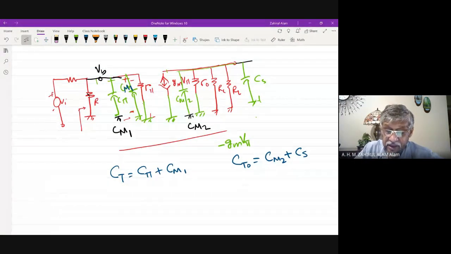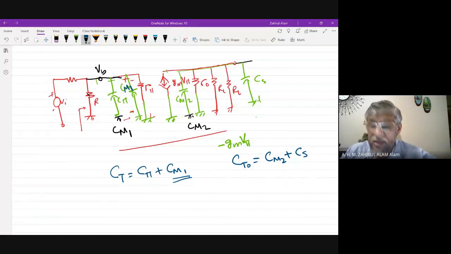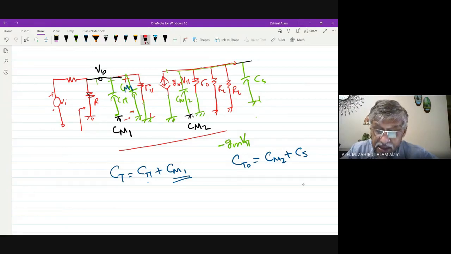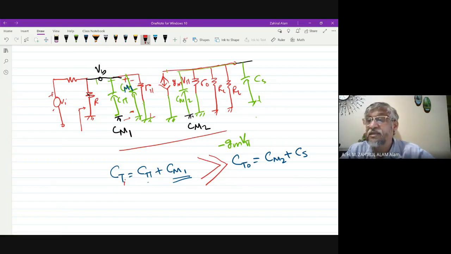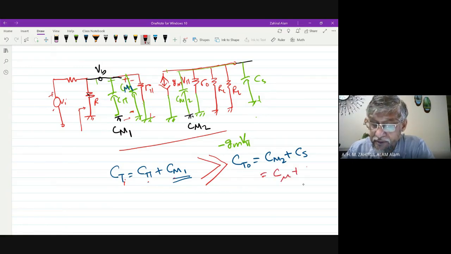Usually CM1 is much larger than this one, and the total input side capacitance is much larger than the output side capacitance. Is it right? Because the input side is C pi and CM1, and the output side is equal to C mu plus CS, which is not that much.